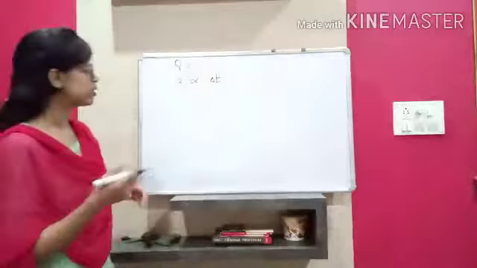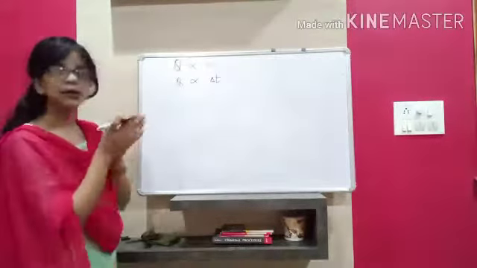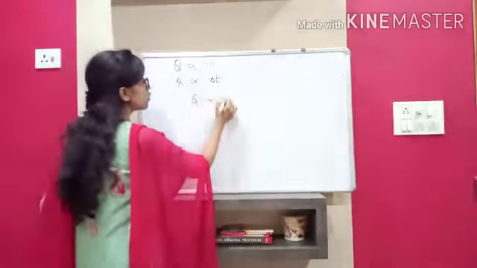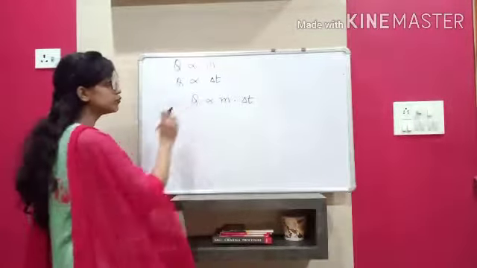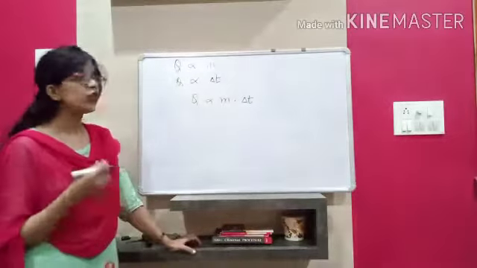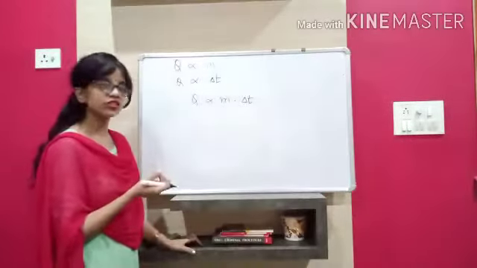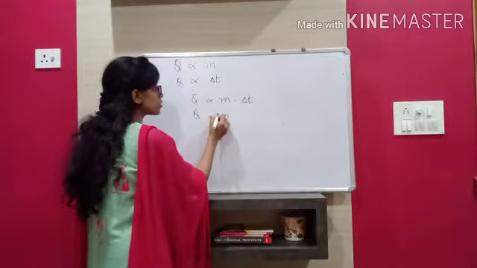We combined the two expressions and got Q directly proportional to m into delta T. When we remove the proportionality sign, we always use a constant, known as the constant of proportionality. So Q equals m, and which constant are we using?